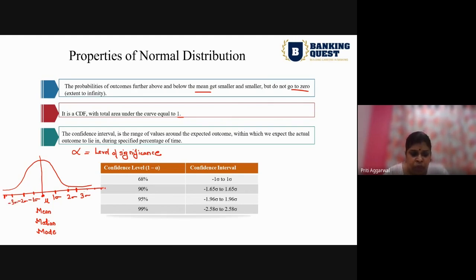So when I am trying to find out, let's say this is the area for which I want to find out, then I will use the confidence interval of 2%.